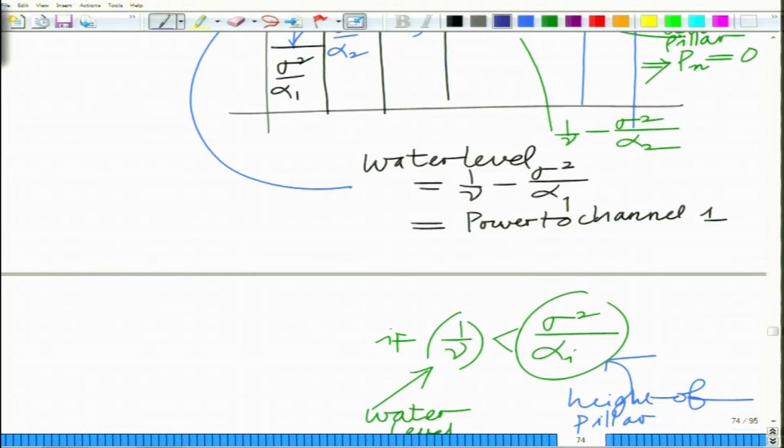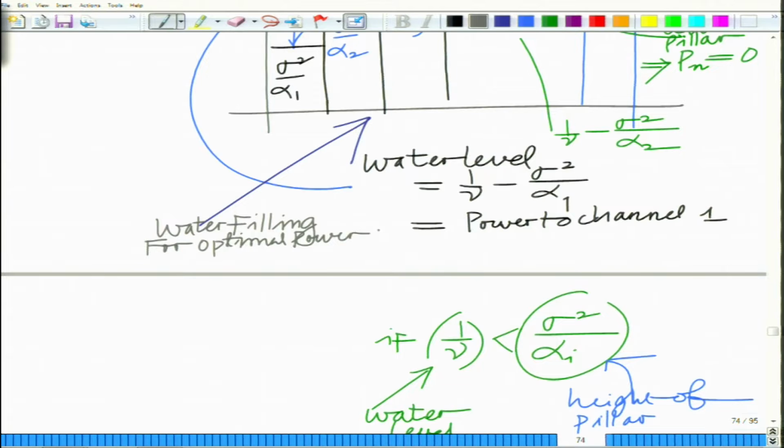So, you can think of this as a water level. This is known as the water filling technique, the water filling scheme for optimal power allocation.